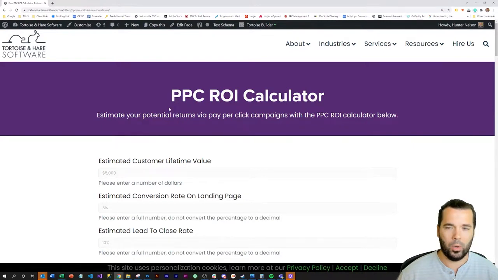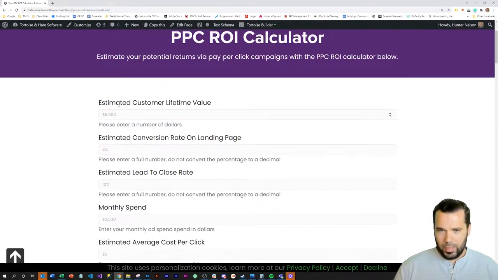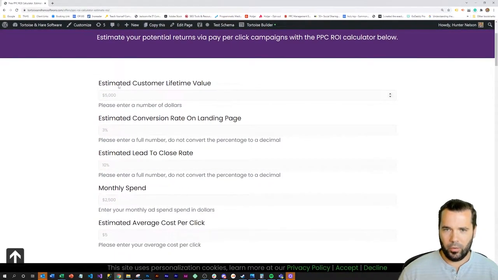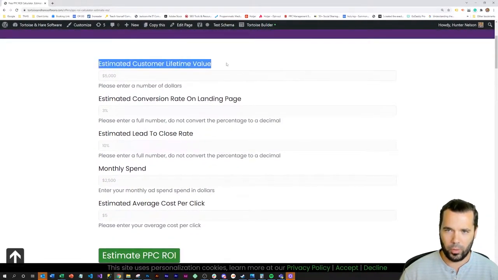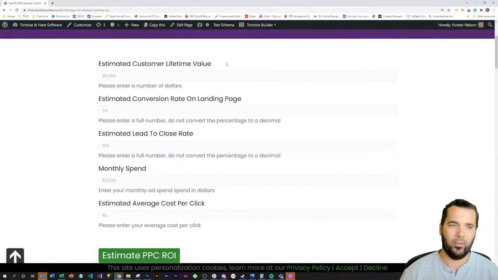Okay, so on the PPC calculator here, there's a few values. The first one is the estimated customer lifetime value. When thinking about running a pay-per-click campaign, you definitely want to have an understanding of what your average customer's lifetime value is.